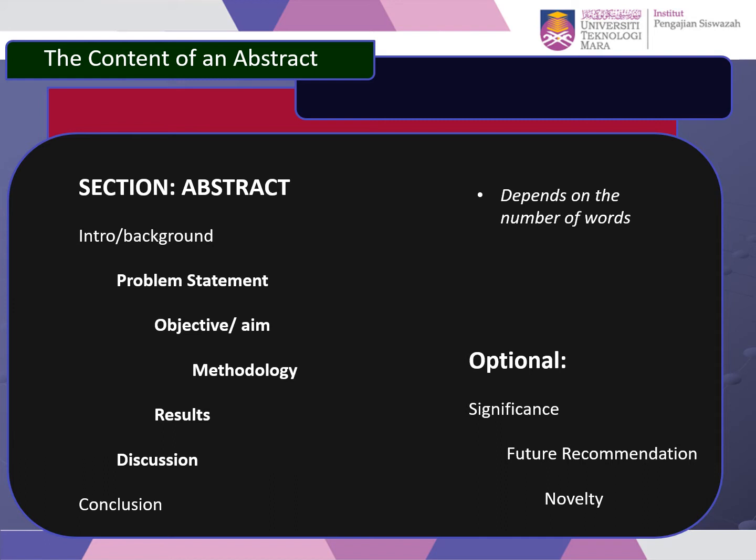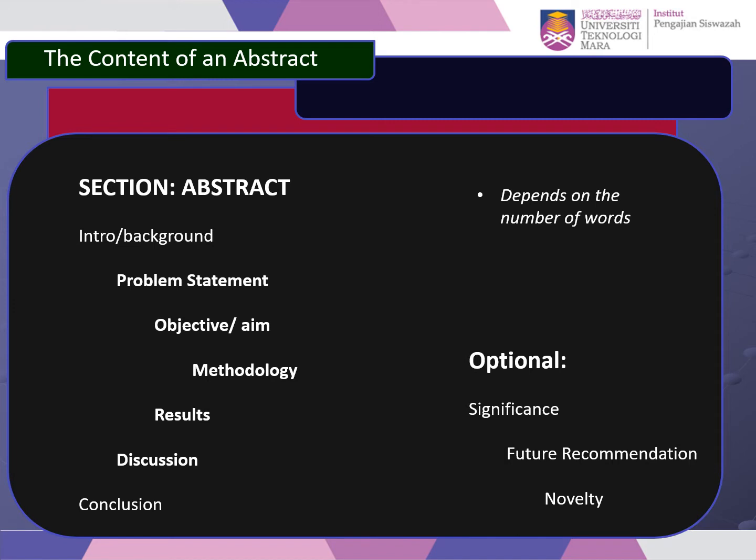In general, in a paper, the abstract section has these things: the introduction or background. You have to write the problem statement, the objective, the methodology, the results and discussion, and also the conclusion. That's optional, but you may include in your abstract the significance, future recommendations, and novelty of the work.